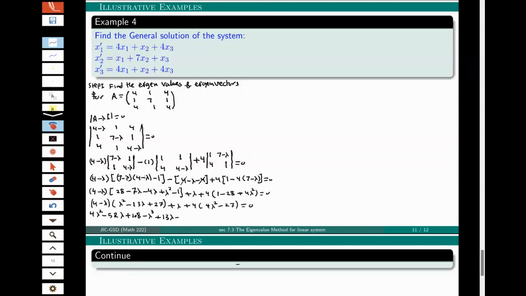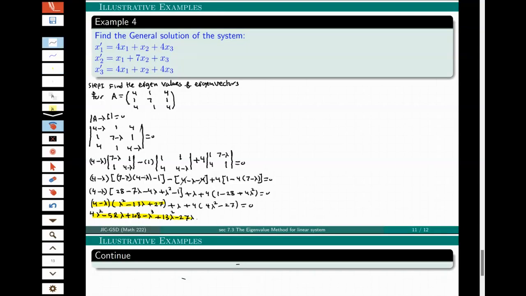Then I will have minus 13 lambda squared. Then I will have minus 27 lambda. That's the expansion of the first one.